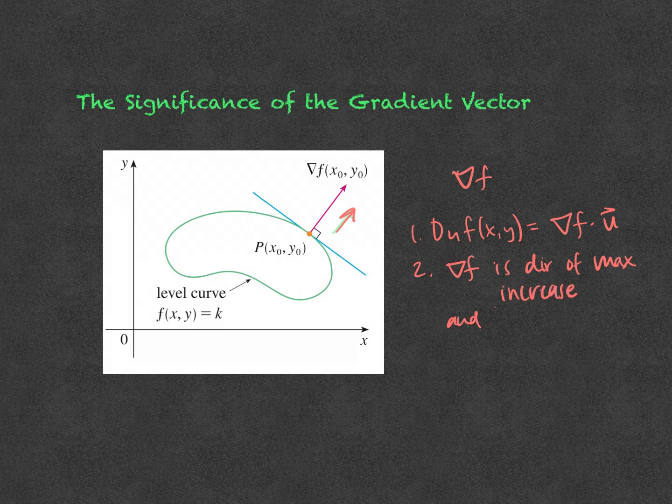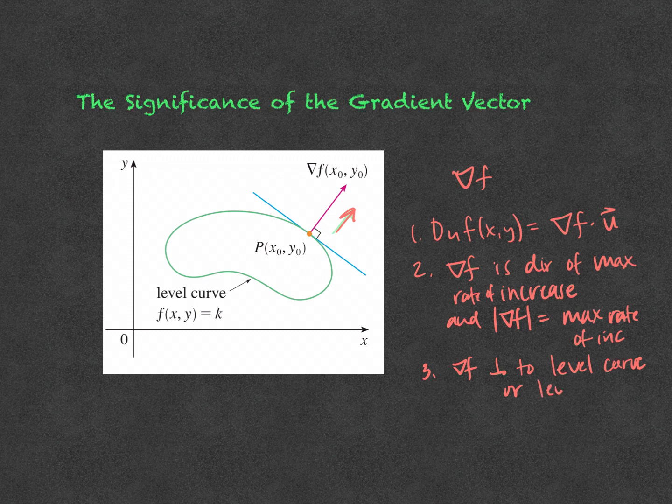And the length of the gradient is equal to the maximum rate of increase. And then number three, we know that the gradient of f is perpendicular to the level curve or level surface of f through x.